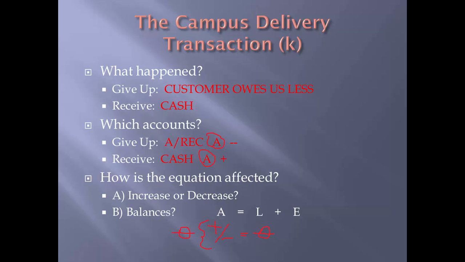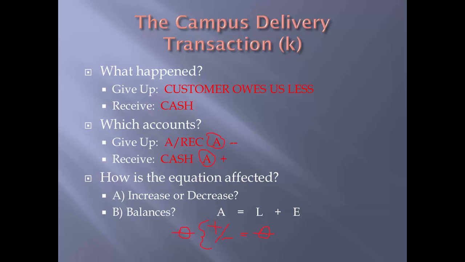Which accounts are we going to use? Customer owes us, again, means whatever the customer does owe us, we're going to receive in the future. And whatever the customer owes us, we actually own that money even though it's in their pocket. Okay, so that is an asset. And we're going to use accounts receivable. For cash, of course, we'll use cash, which is an asset.